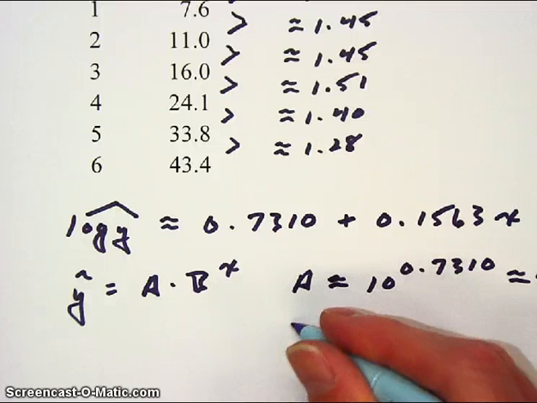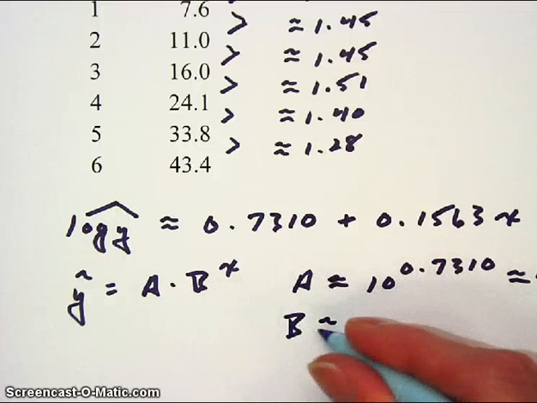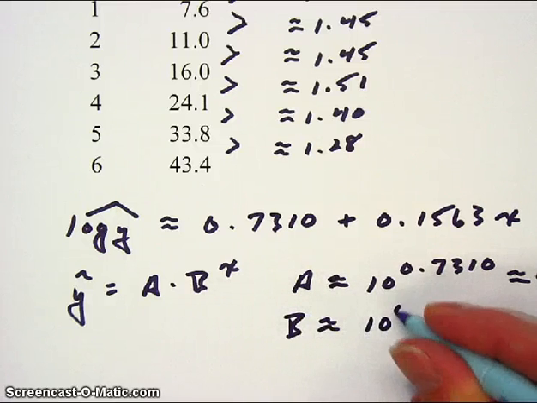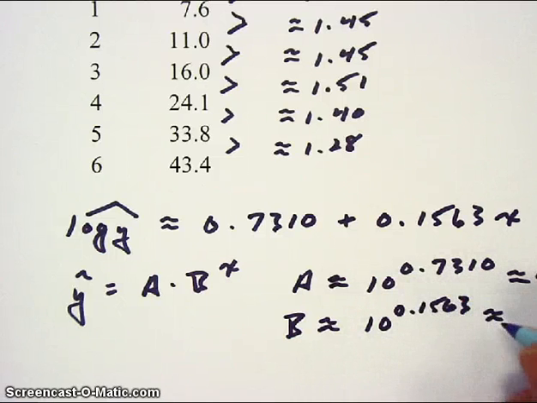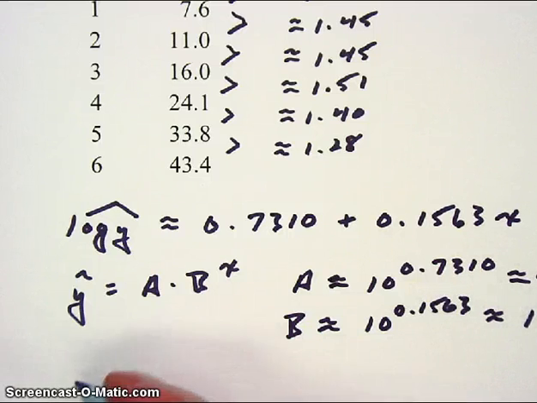And for capital B, that's approximately equal to 10 to the 0.1563 power, and that's approximately equal to 1.4332.